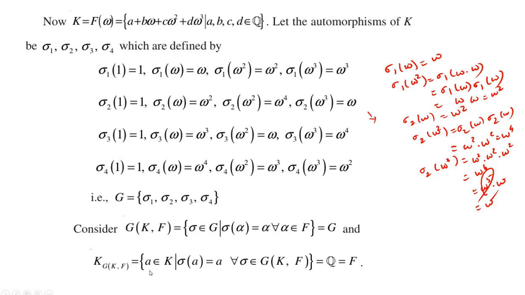And K(G(K/F)), when you compute all those scalars which are left fixed by all the elements of G(K/F): if omega comes, it changes; omega square comes, it changes; omega cube again changes. But what are the elements which are left fixed as such? It is the elements of Q. So what are the elements left as such by all the elements of G(K/F)? It is only Q. So G(K/F) we have determined, and K(G(K/F)) also we have determined.